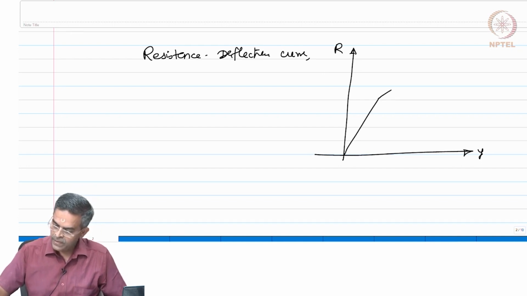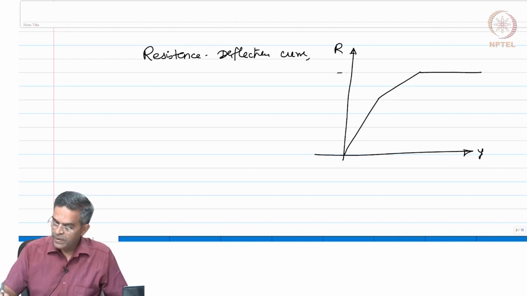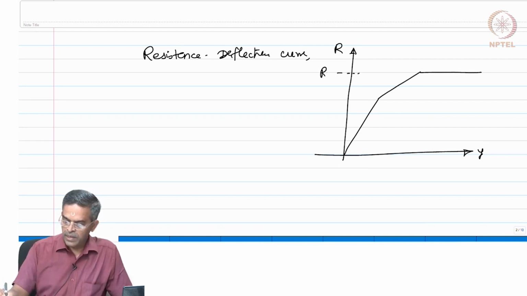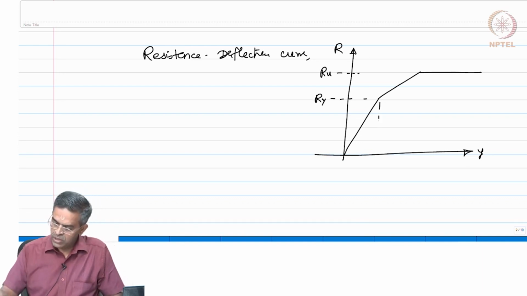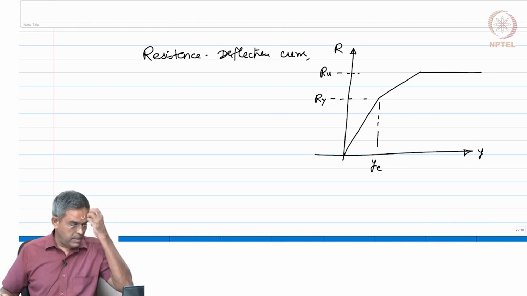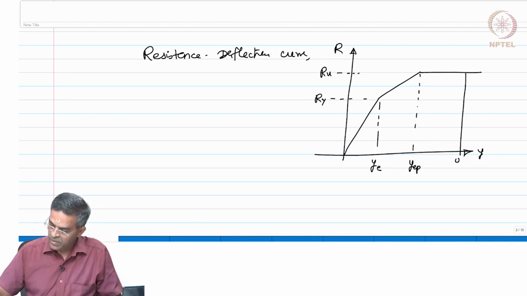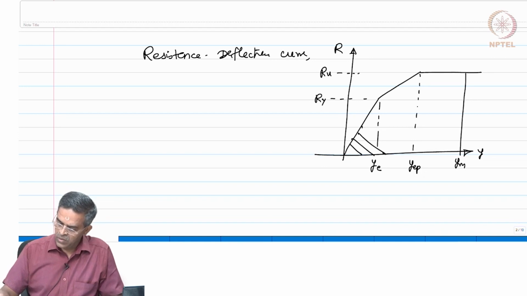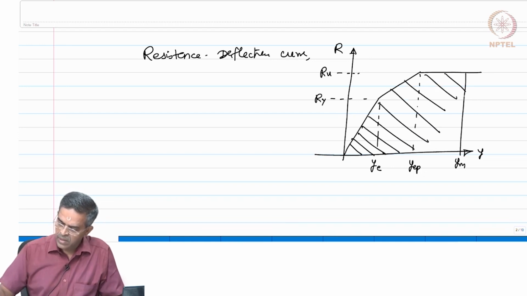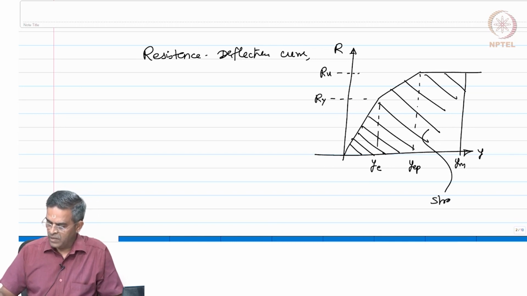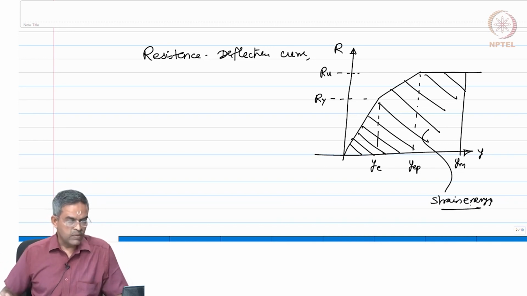We have already seen this becomes R ultimate, this becomes R yield, and this becomes my deflection at yield. This becomes elastoplastic, and that becomes my maximum. We already know the area of this curve under the x axis will give me the strain energy. Okay.